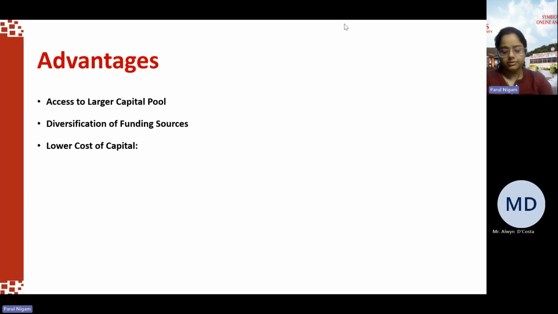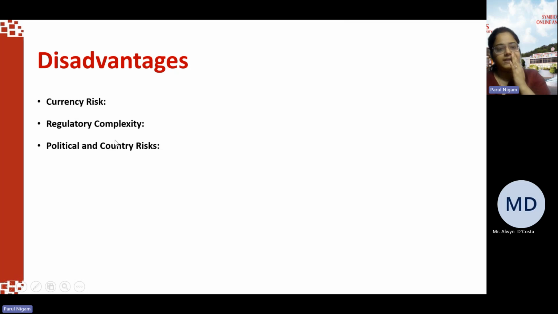Disadvantages. So disadvantages, and you can manage the advantages and disadvantages together. You have currency risk, regulatory complexity, political and country risk. So exchange rate risk is there. If the domestic currency depreciates, the cost of repaying foreign debt increases.